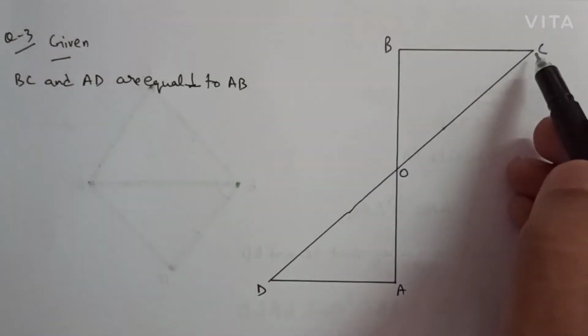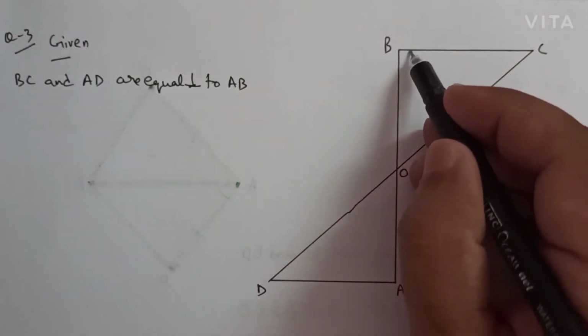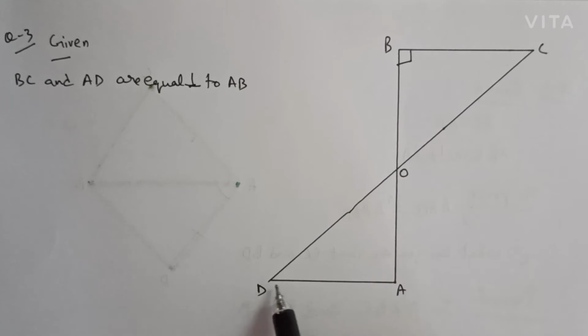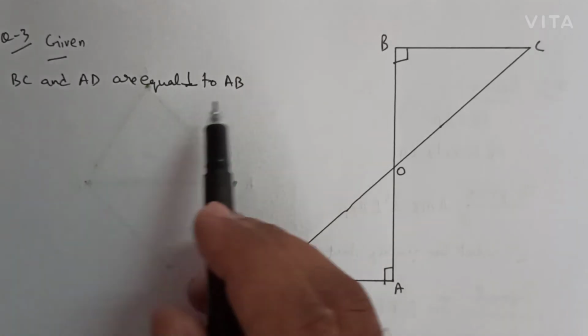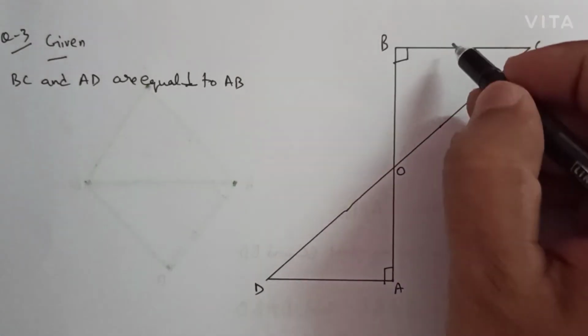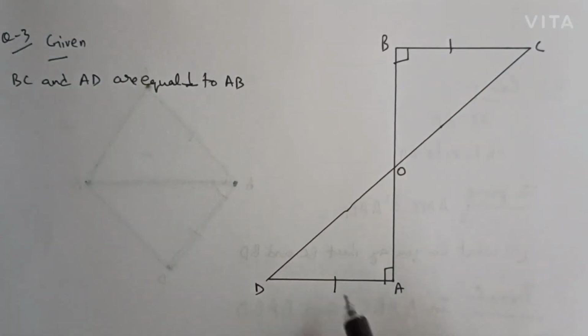That means BC is perpendicular on AB and AD is perpendicular on AB, and they are equal also because they are the equal perpendiculars. So that means BC is equal to AD. BC is perpendicular to AB, AD is perpendicular to AB, as well as BC is equal to AD. This is given. Okay.